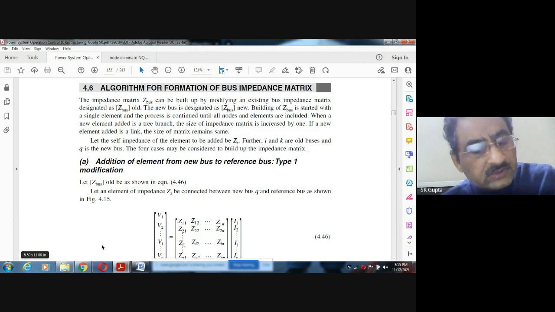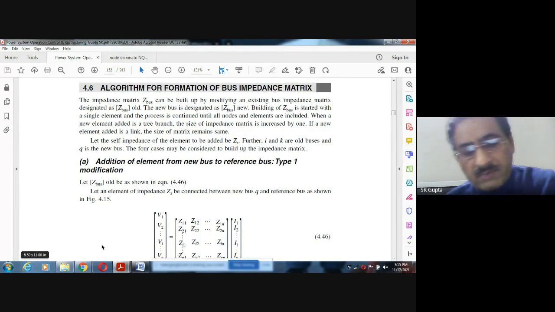Then another transmission line may be connected from this new bus to another new bus, or new bus to the reference bus, or there can be a new bus to an old bus. Old means once you have considered that bus, then it will be called an old bus. Then a transmission line may be connected between two old buses. So there can be these options.